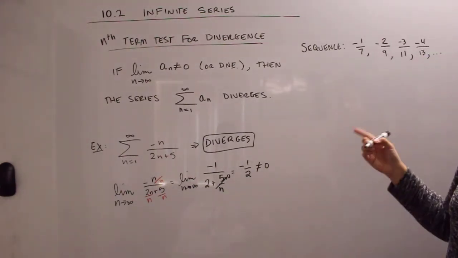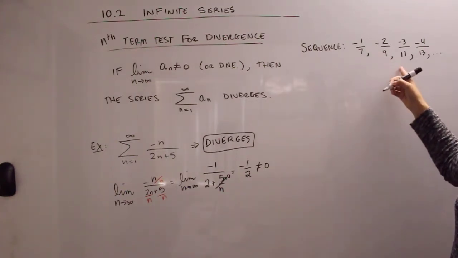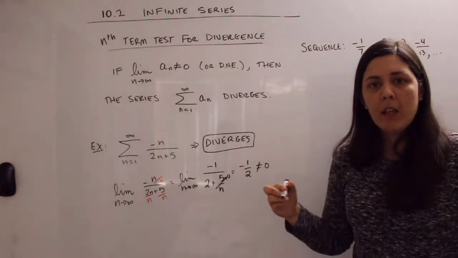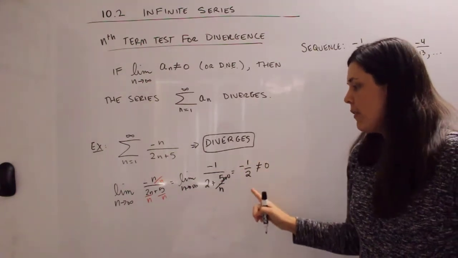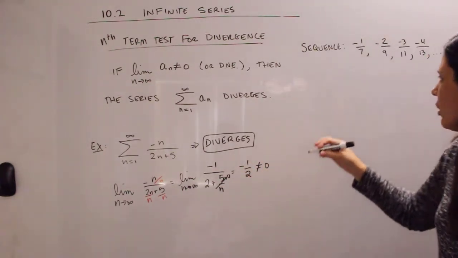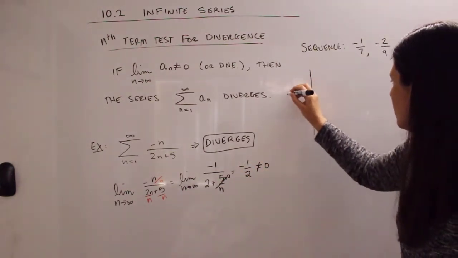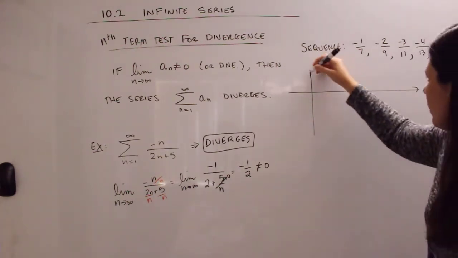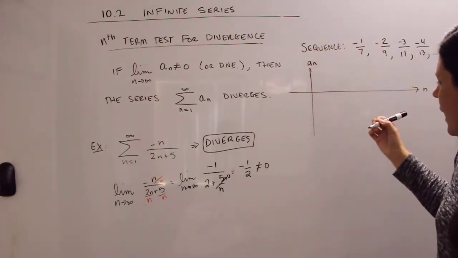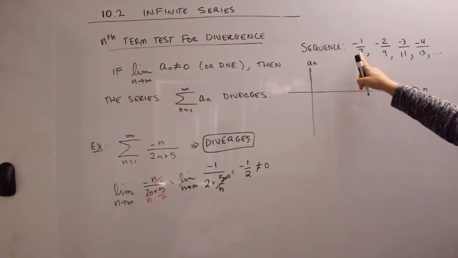Now, if I were to plot the points of this sequence, they would converge to this value of -1/2. Let's draw that really fast. I'm going to plot some points of this sequence. This is my a sub n axis. Notice how small these numbers are.